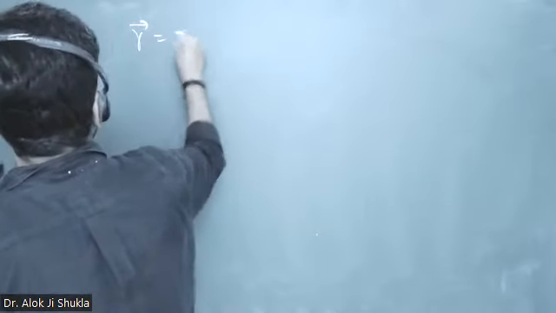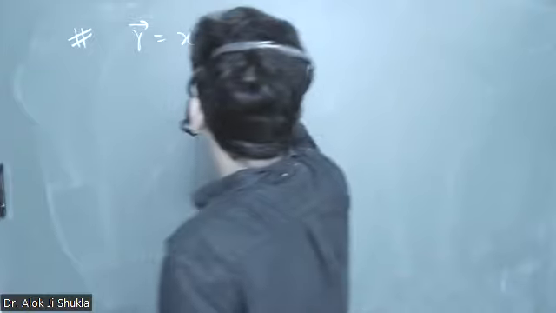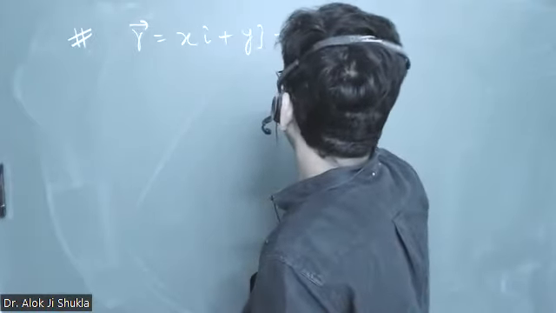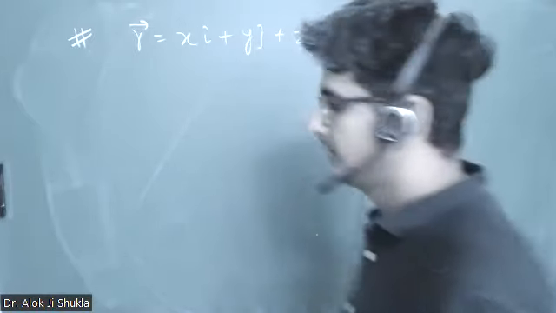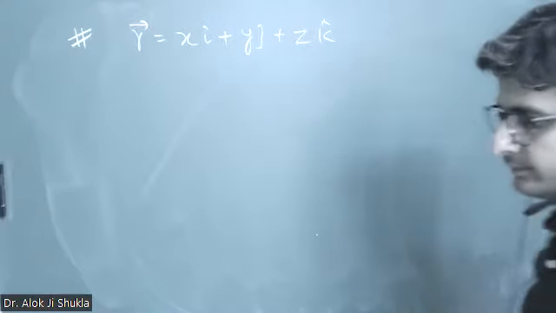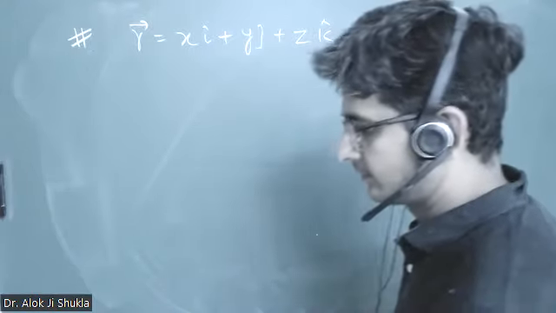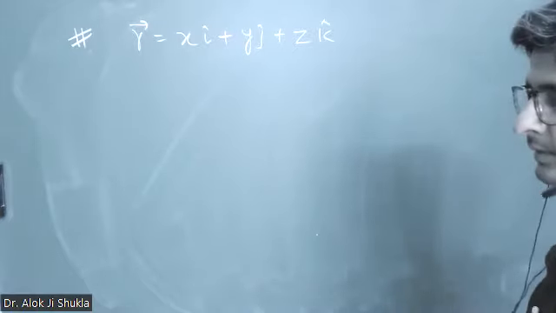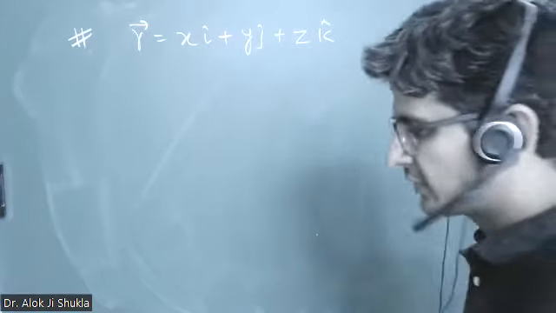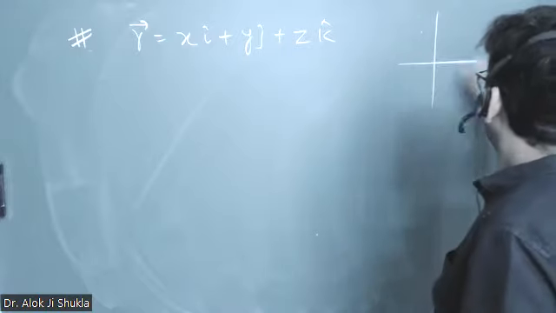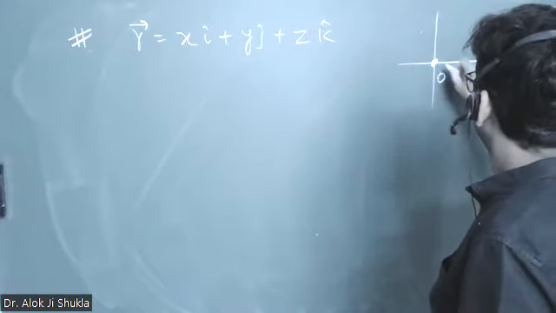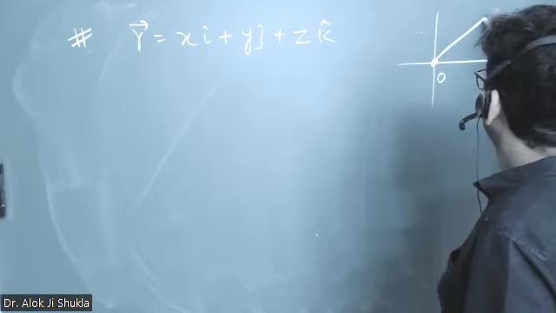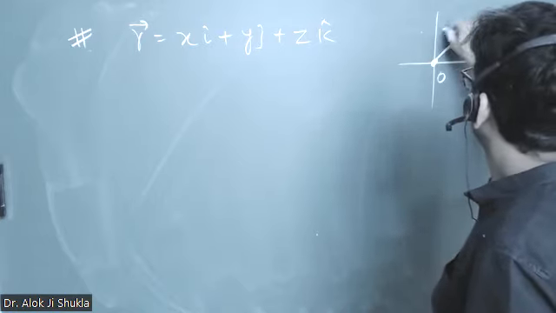Just a vector r is represented by x i cap plus y j cap plus z k cap. This is the vector. So what is this function actually? This is position vector. Yes, sir.